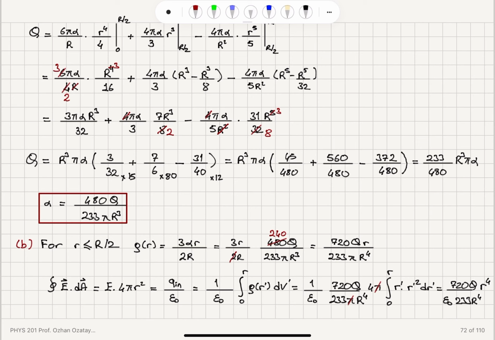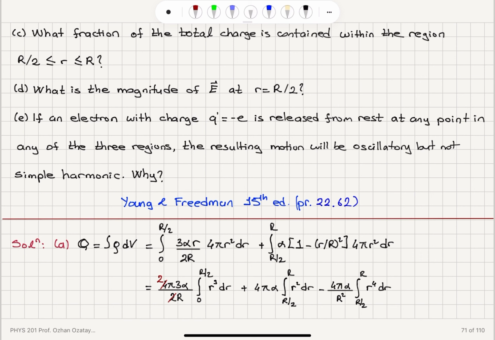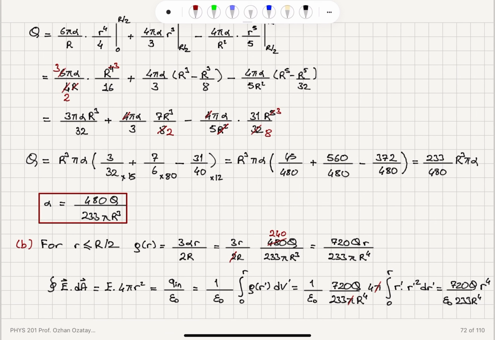Now, if we substitute for alpha what we have found, this part of the integral gives us the charge between 0 and capital R over 2.